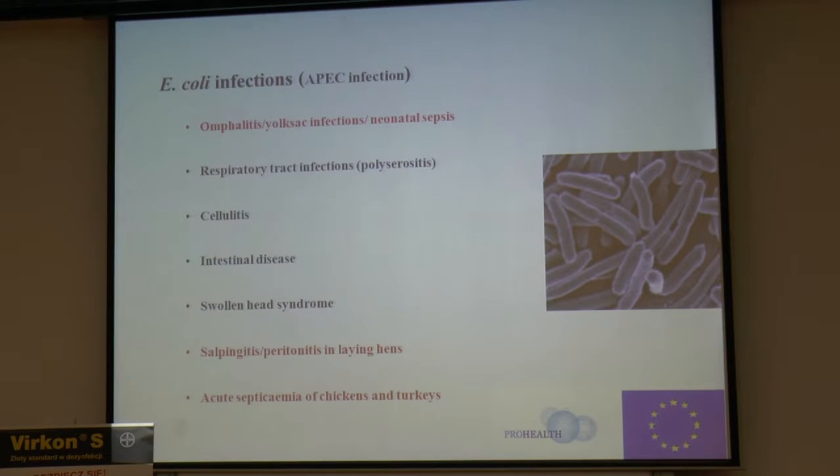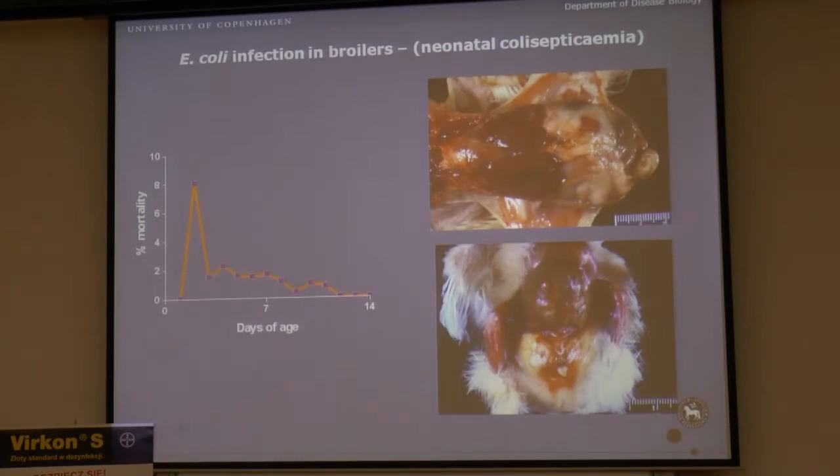We definitely also have focus on this, as you will see in a minute. And acute septicemia of chickens and turkeys, very often it may be associated with the salpingitis and peritonitis complex, so it's a bit difficult to separate. But this is a broad overview of the important conditions associated with coli in poultry, and as you see in red, this is where we have our focus.